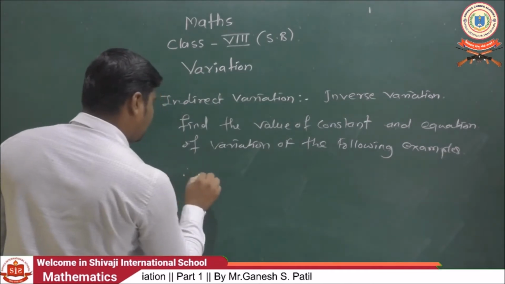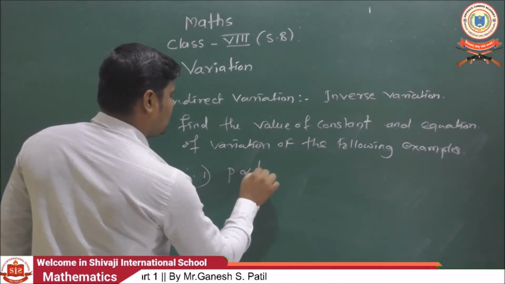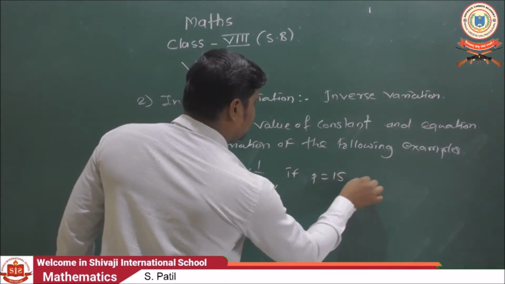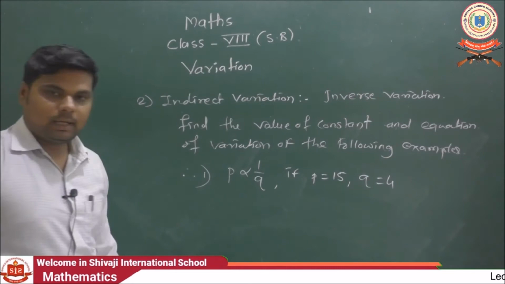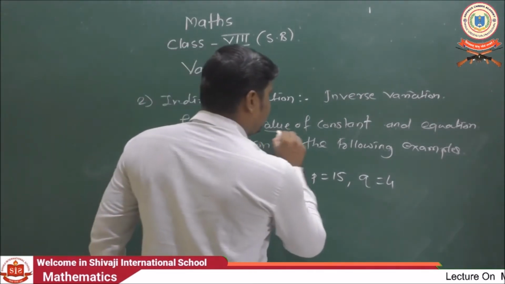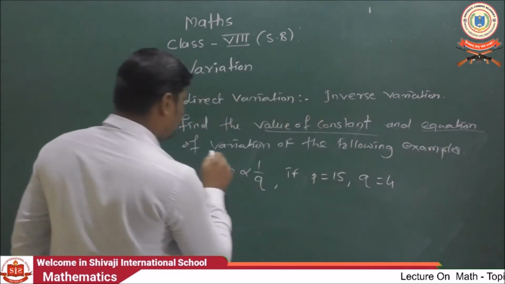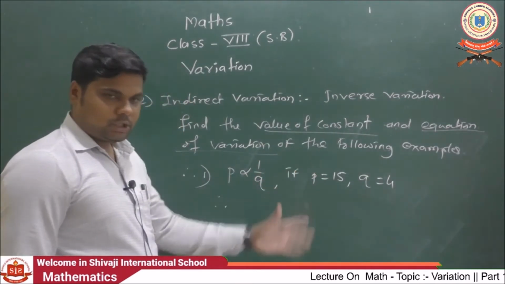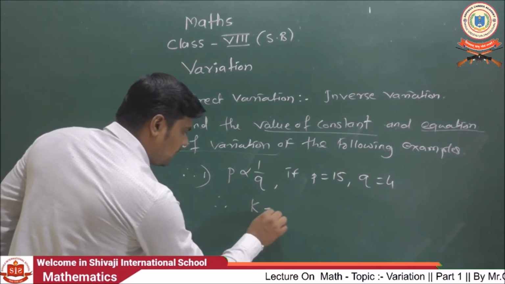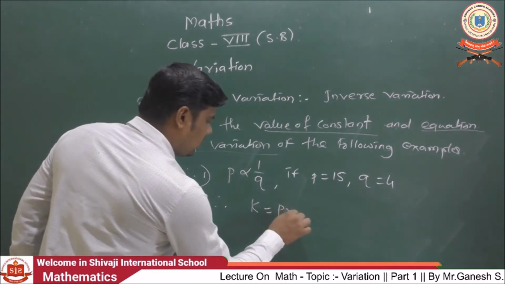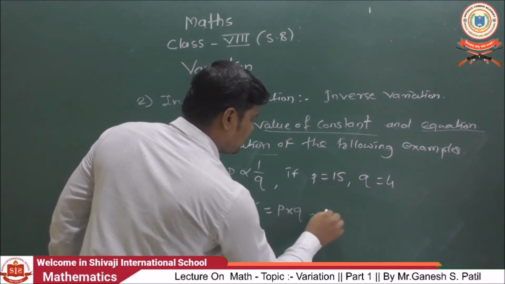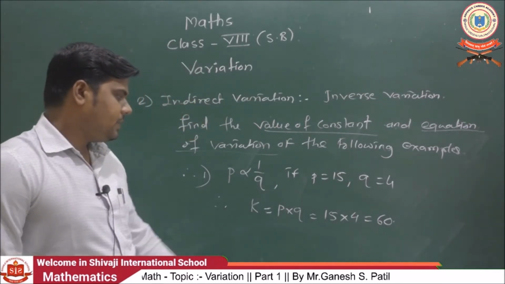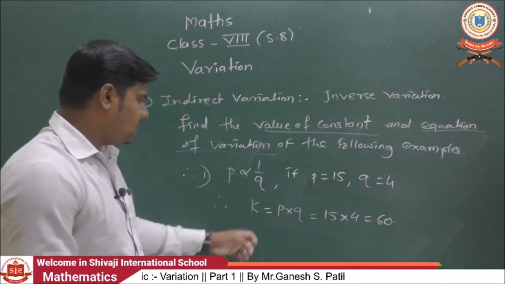Suppose the first example, P is inversely proportional to Q. If P is equal to 15 and Q is equal to 4, find out the value of constant and equation of variation. What is the value of constant? K is the constant, its product, P into Q, means 15 into 4 is 60. 60 is the value of constant.